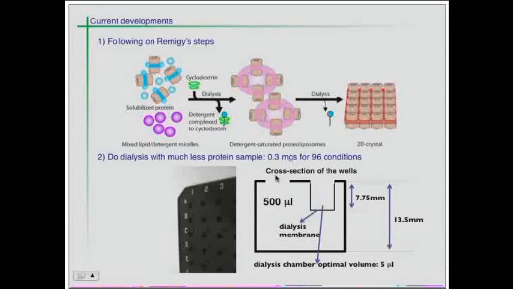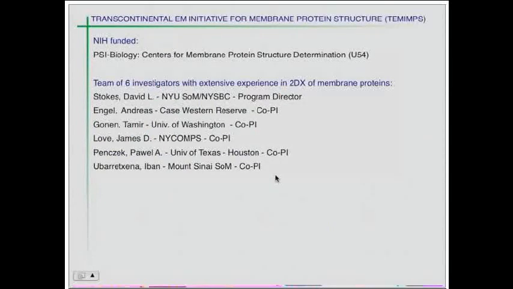This is a cross section. So you put the sample here. 5 microliters is sufficient. You have a dialysis membrane here, and then the rest you fill up with your buffer of interest. Now, with this device, and we know it works, we have tested it, we can now test 100 conditions with 0.3 milligrams, so basically 10 times less protein than before.